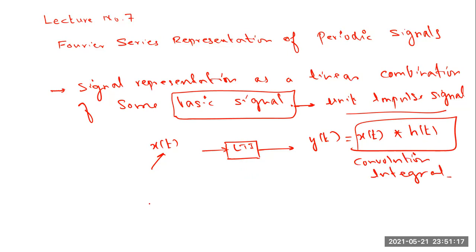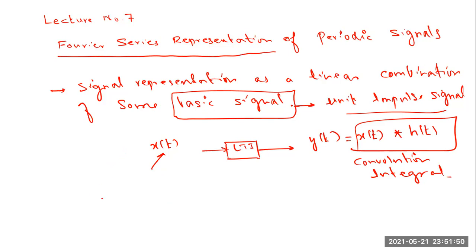And once we use that particular basic signal, we get another useful representation for system, and that representation is then known as Fourier series representation. Now, before writing down the mathematical representation of Fourier series, let me also emphasize the importance of basic signals.